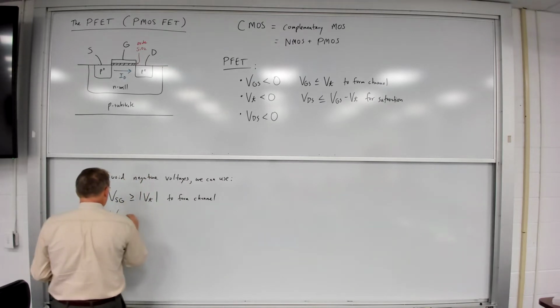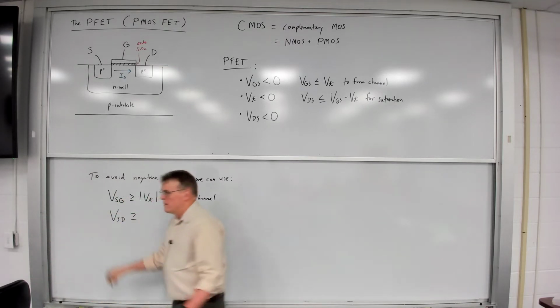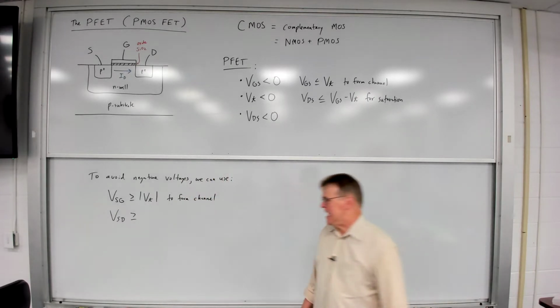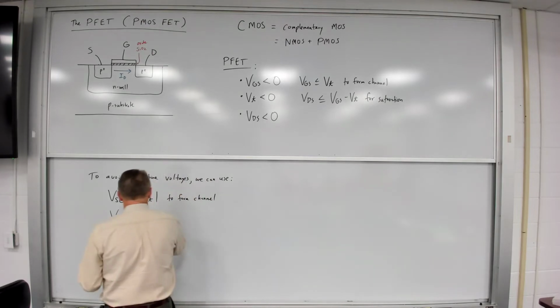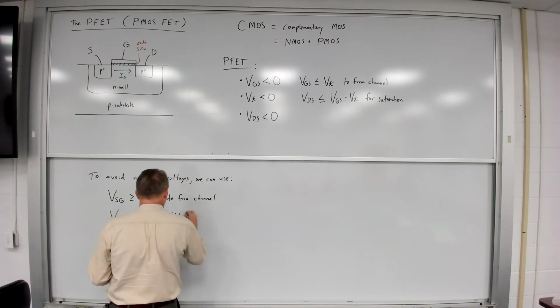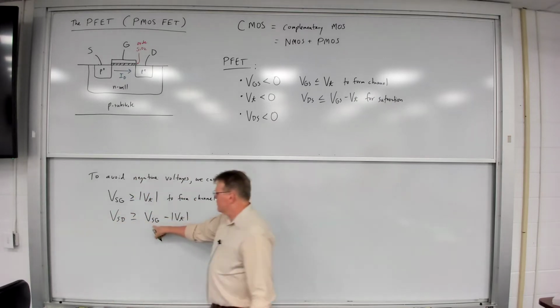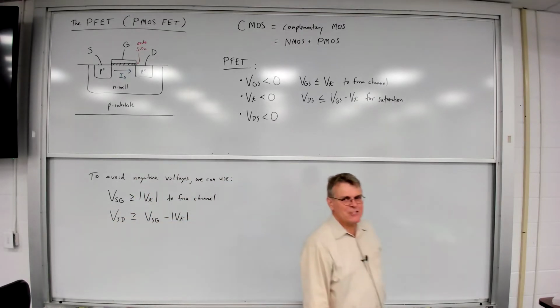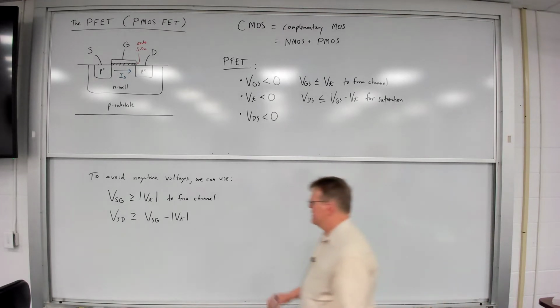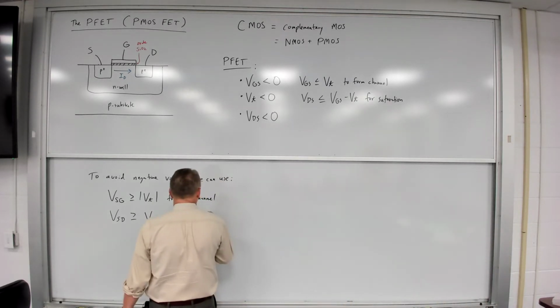And along the same lines, instead of using VDS, our textbook likes to use VSD. And in this case, saying VSD is greater than or equal to VSG minus the absolute magnitude of VT, that is our saturation boundary condition.